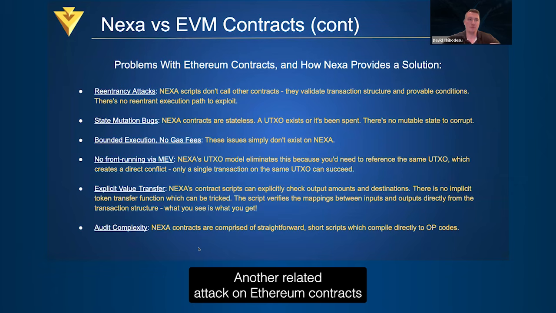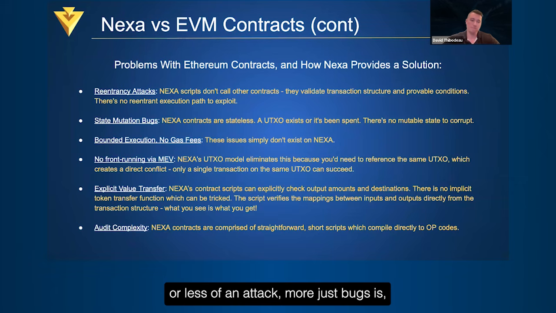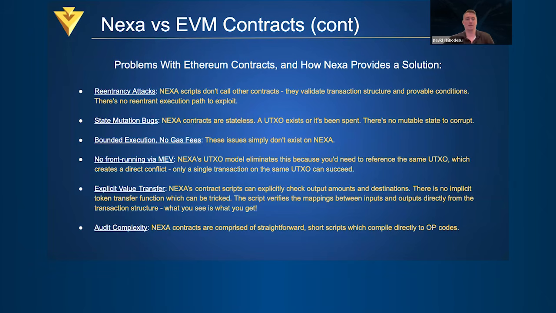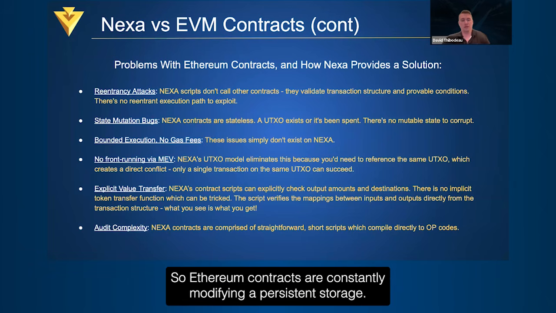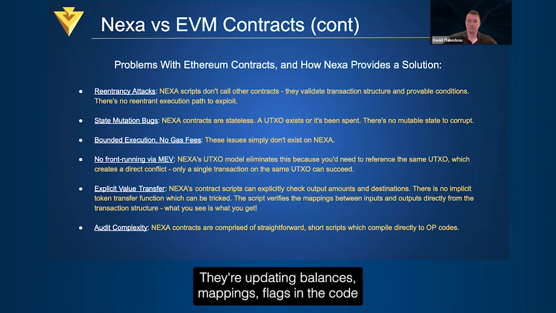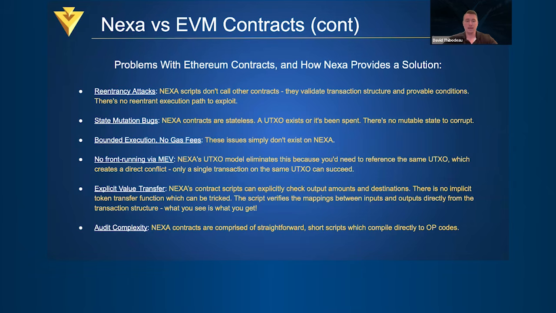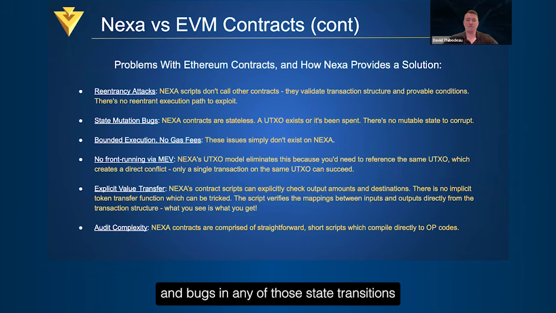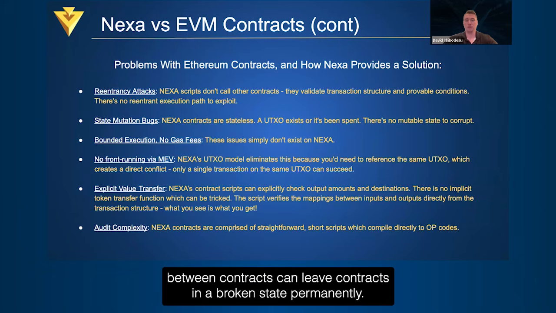Another related attack on Ethereum contracts, or less of an attack, more of just bugs, is the state mutation bug. Ethereum contracts are constantly modifying persistent storage. They're updating balances, mappings, flags in the code, and bugs in any of those state transitions between contracts can leave contracts in a broken state permanently.